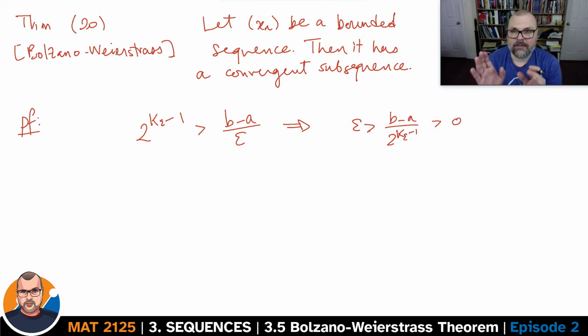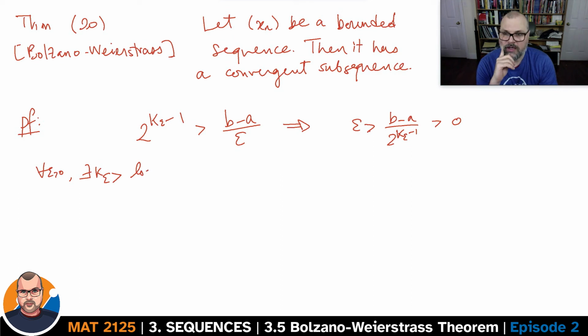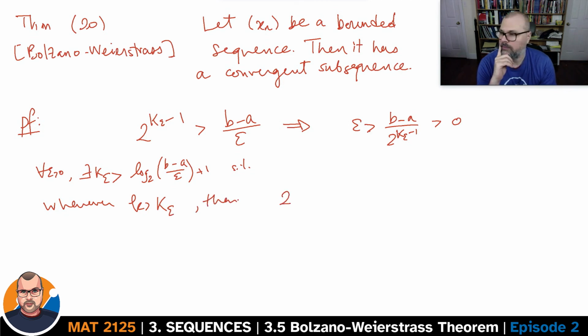Let's verify that the definition of the limit applies to the subsequence x_{n_k} with this choice of k epsilon. Well, for every epsilon greater than 0, there exists a k epsilon greater than log base 2 of (b minus a) divided by epsilon, plus 1, such that whenever k is greater than k epsilon, then 2 to the k epsilon minus 1 is going to be smaller than 2 to the k minus 1.